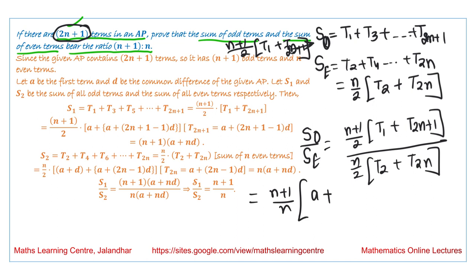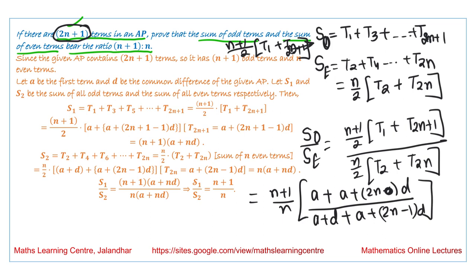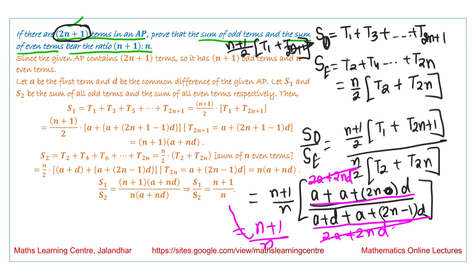It is a plus 2n minus 1 d, divided by T2, which is a plus d, plus a plus 2n d. Look at the numerator, it is 2a plus 2n d, and the denominator is 2a plus 2n d. Both these terms get cancelled and what we are left with is the ratio n plus 1 over n, and this is what we have to prove.